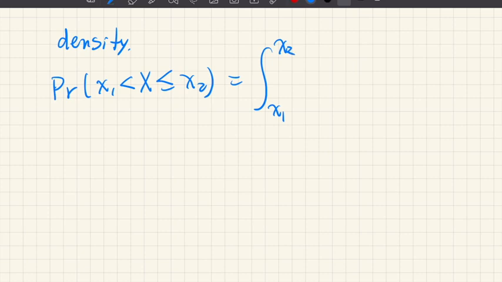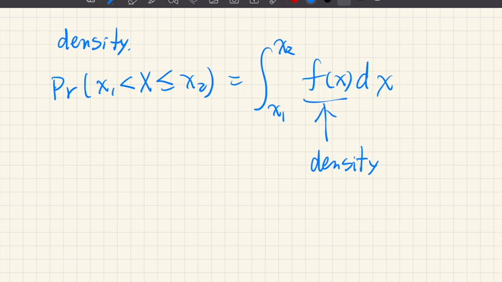So if we define density function as functions that satisfy this equality. So this is the density function. Okay, this is the probability, right?